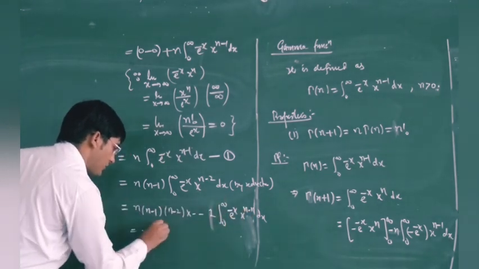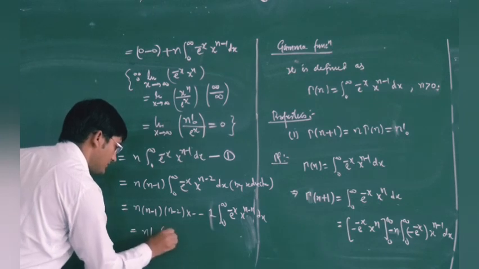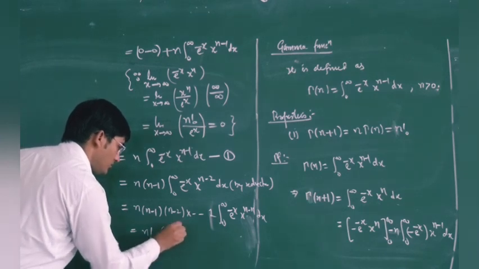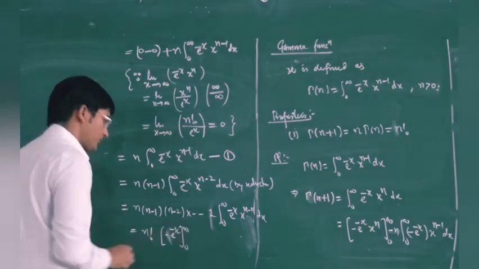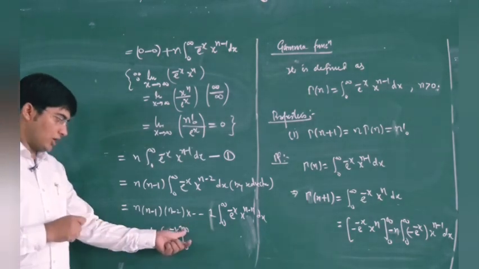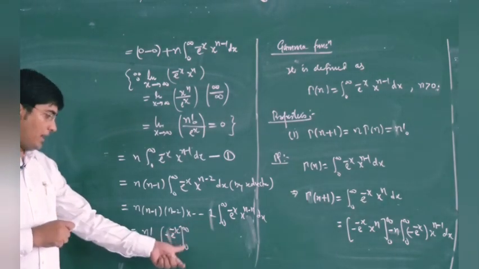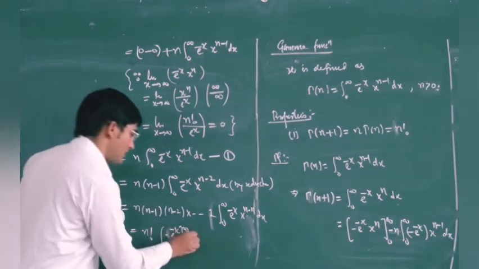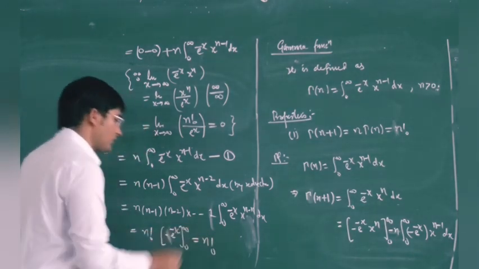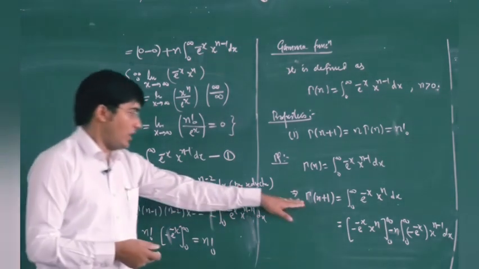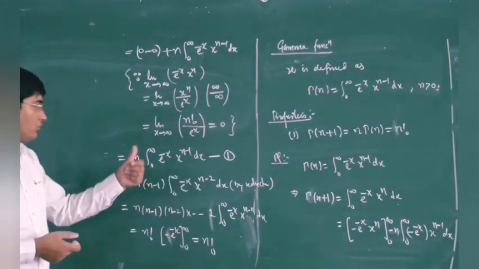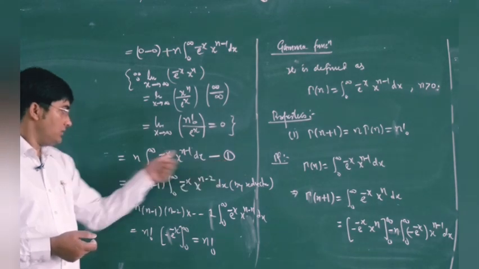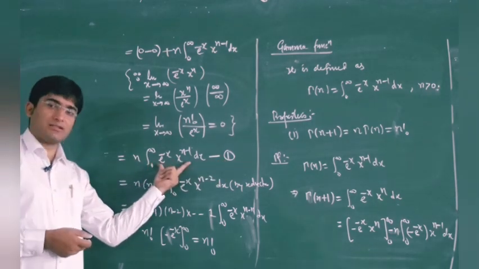Now the integration of e to the power minus x will be minus e to the power minus x, with the limits from 0 to infinity. Now your upper limit is 0 and the lower limit is 1. So minus and minus is plus, so we have this one as factorial n. So your gamma n plus 1 is factorial n, and if you see this equation number 1, then this is n and this bracket is gamma n.